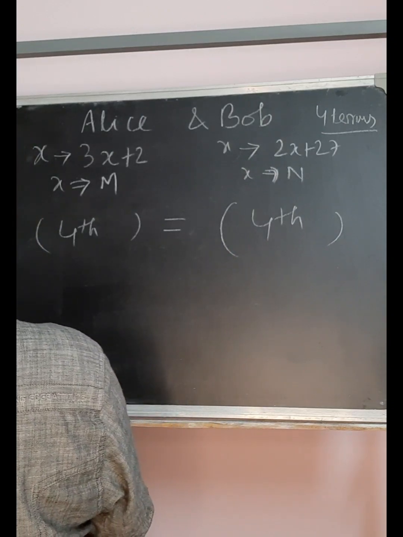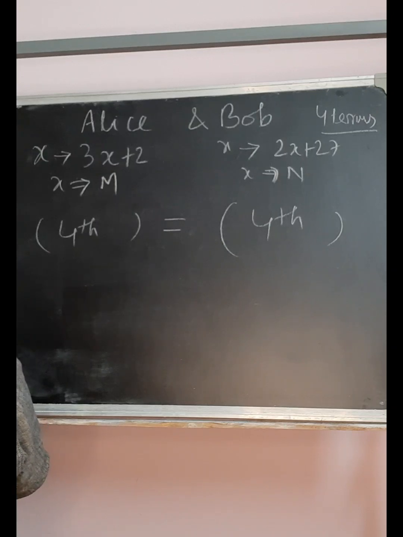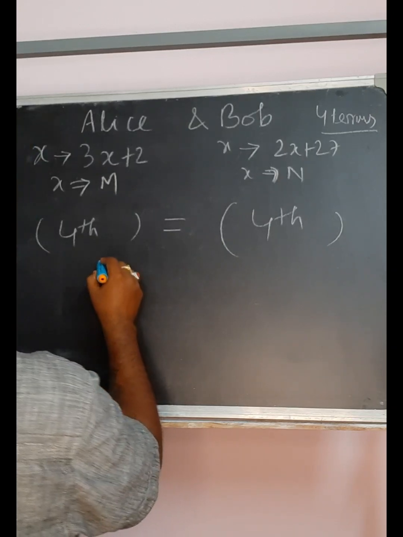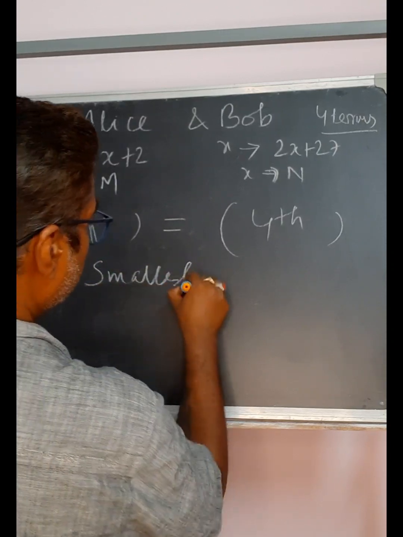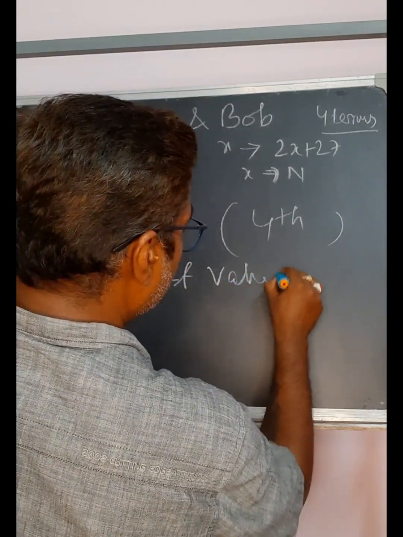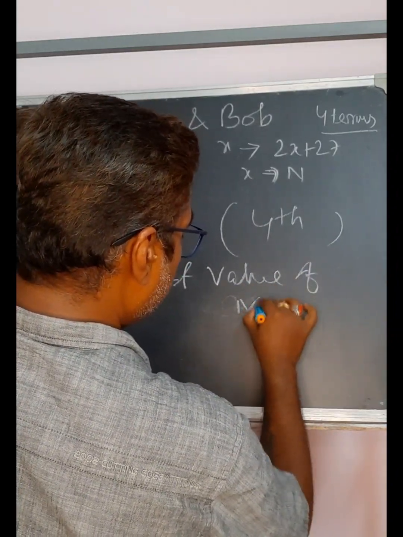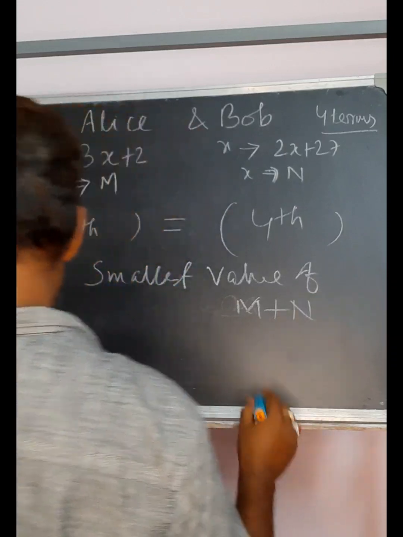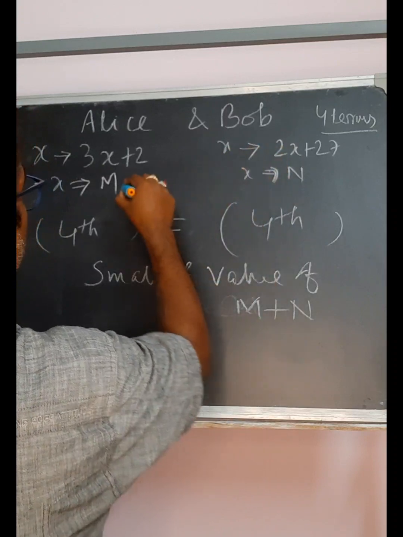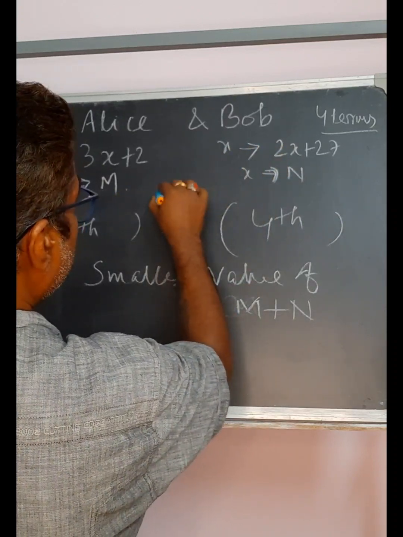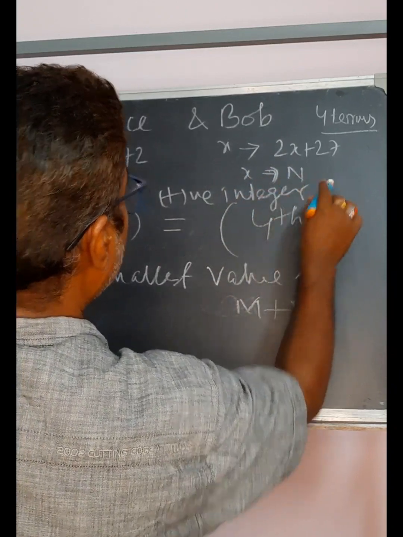Now we have to find the smallest value of m plus n. And one thing to be noted is that m and n are positive integers. Both are positive integers. This is another condition.